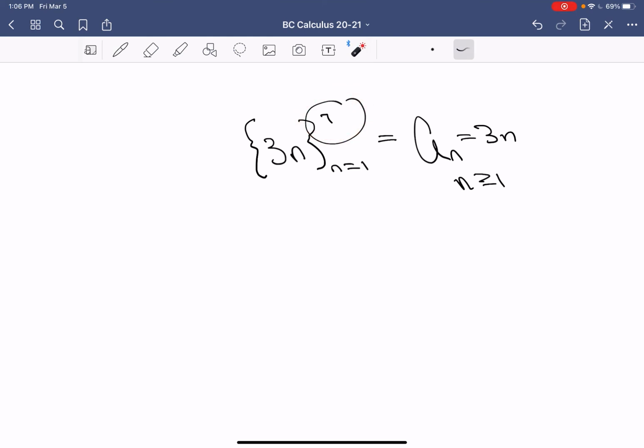So that means the sequence is going to be a sub 1 is 3, 6, 9, 12, all the way through. The last term is going to be 21, okay? So just be mindful of that.